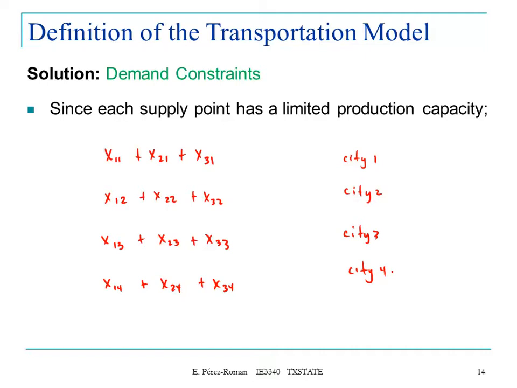Okay, so there's something missing here. So this is 45, this is 20, this is 30, and this is 30. What do you think about the sign of those constraints? And what sign are you going to use here? And why? Well, you need more than that.